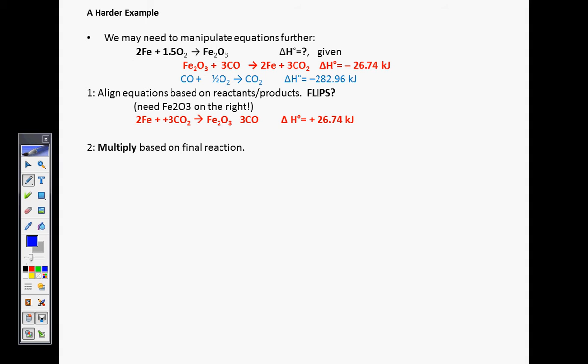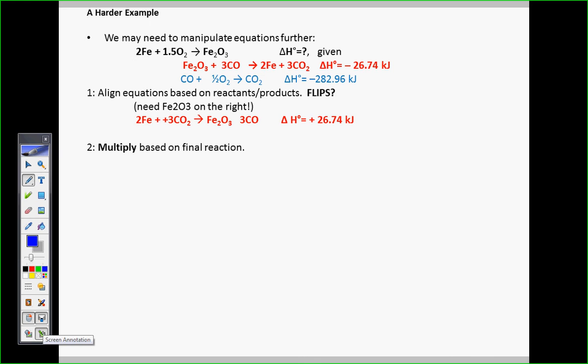Then multiply. Sometimes you have to multiply. So that's the other hang up you might have. Do you see how on this equation that I flipped, I have 3 carbon dioxides?